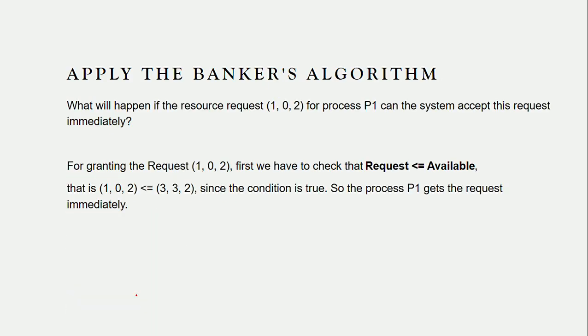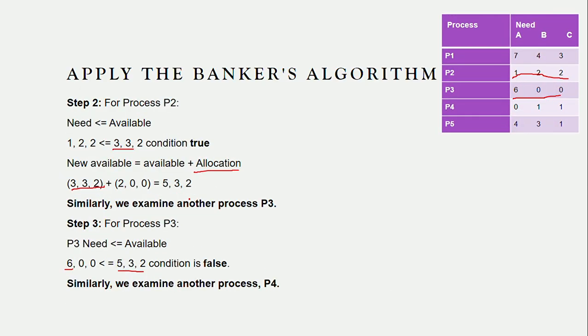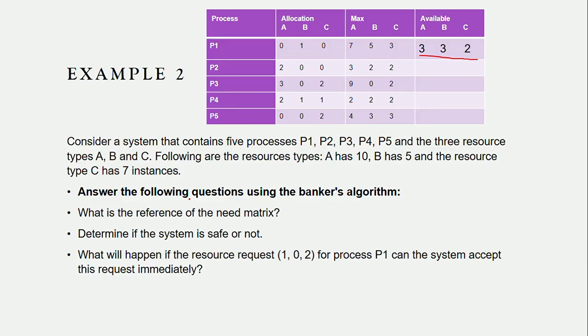And the last question asked was, what will happen if a new request comes in as 102? Whether we will be able to accept this request immediately. So 102 is the request coming and we have the availability as 332. So you have to check the last column for availability. You can see availability is 332 and we have a request of 102.